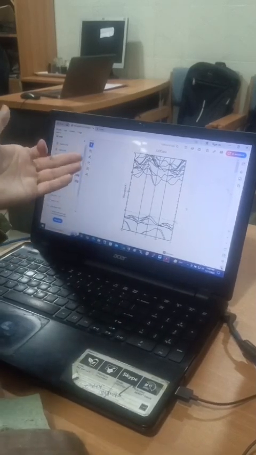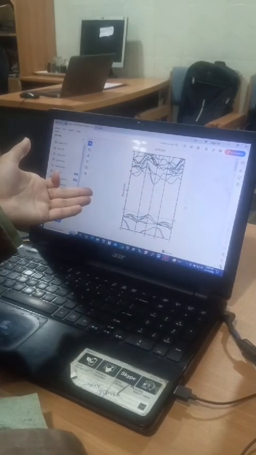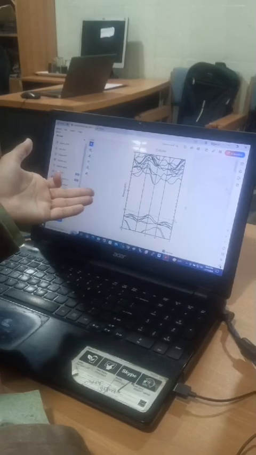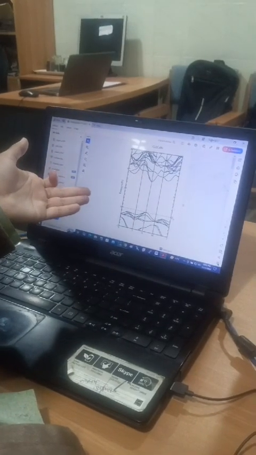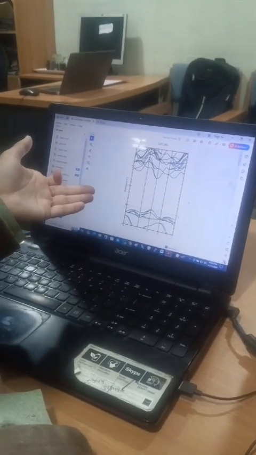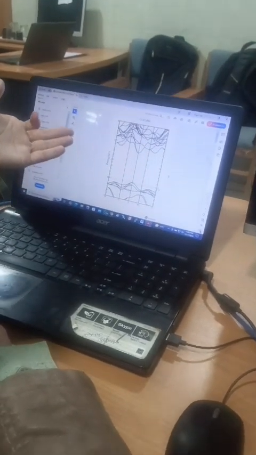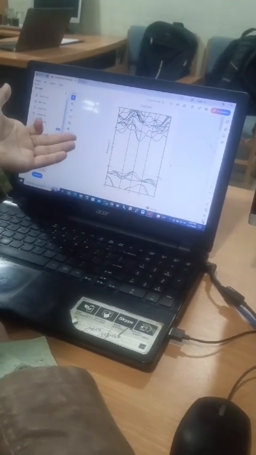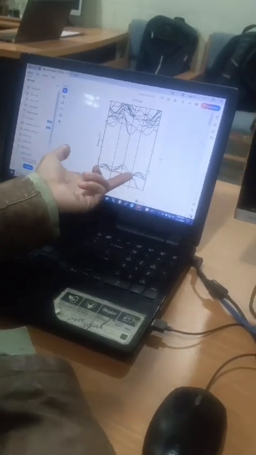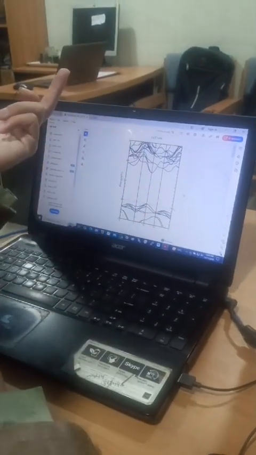Along the y-axis, we take energy in terms of electron volts. What is this energy? Basically, this is the energy in electron volts of the electrons of your material present in these bands, these energy levels, these energy orbitals.